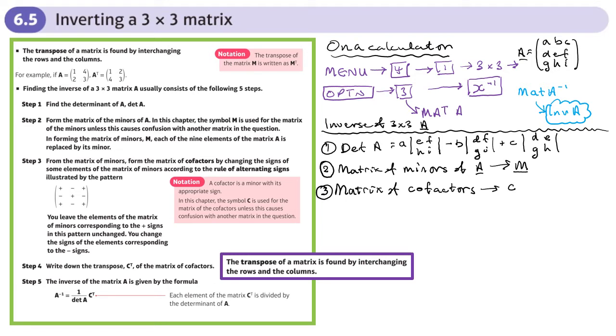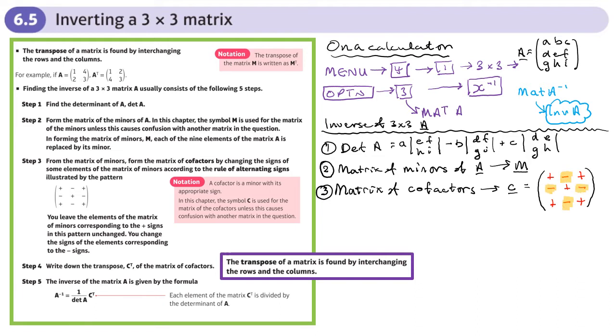Basically what it's going to look like is this. This element here, we leave its sign unchanged, reverse this sign, keep that sign, reverse this, keep, reverse, keep, reverse, keep. So you can see that the elements in those positions are going to get their signs reversed.